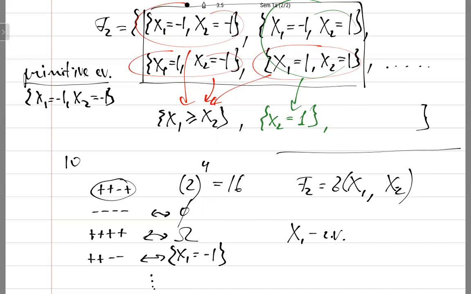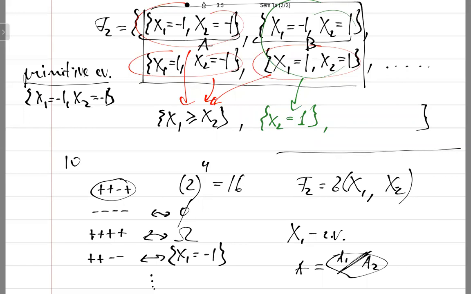They are listed, the first 4 events, and I call them primitive events because they cannot be separated into smaller sub-events. Let it be A. You cannot separate A into 2 sub-events, A1 and A2. You have no information to separate sub-cases.